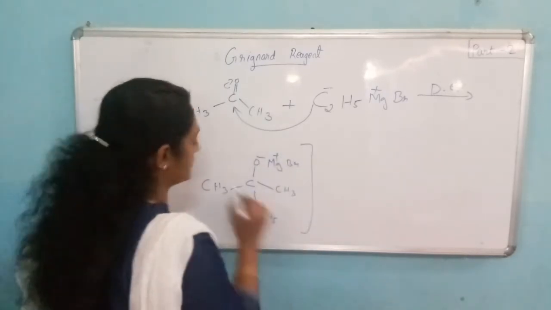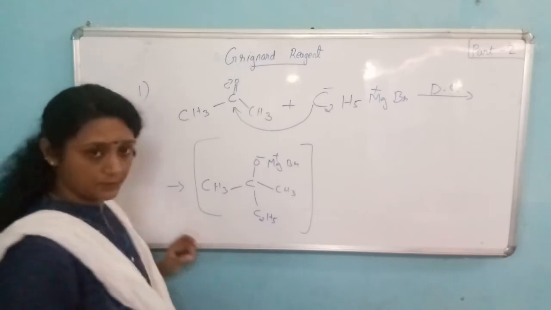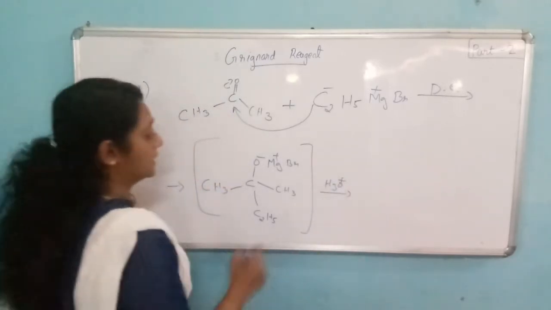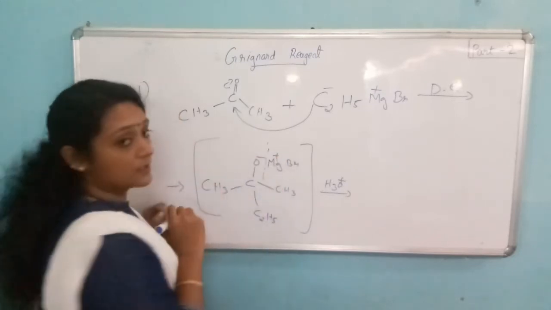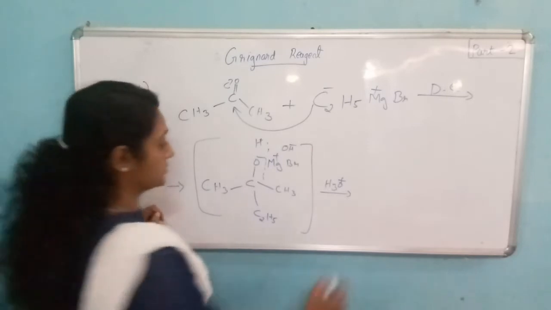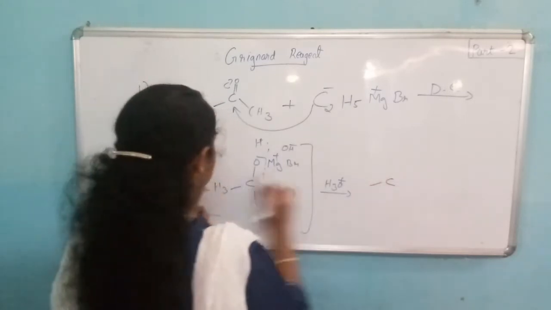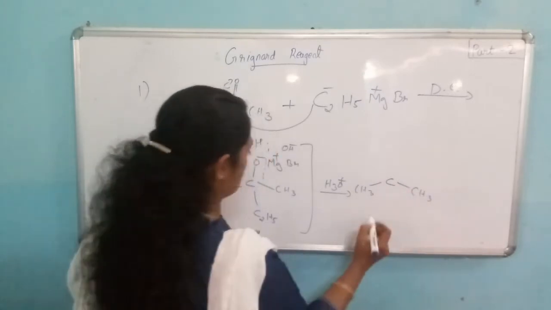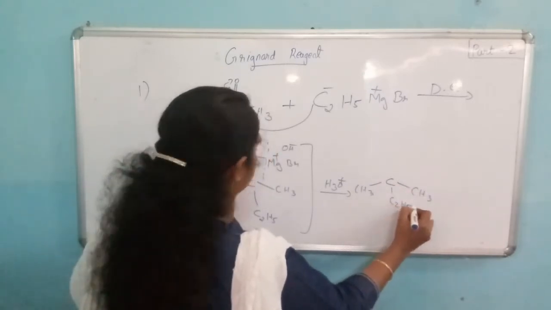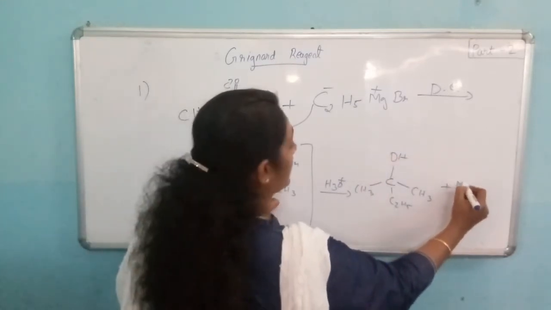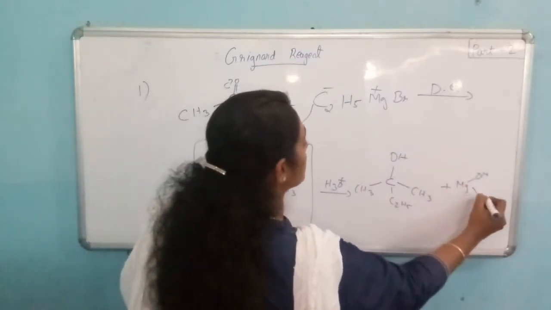This is the intermediate. Okay, and after acid hydrolysis, H plus is attracted here and OH minus comes here. The product will be CH3, C2H5, and here OH, plus MgOHBr.